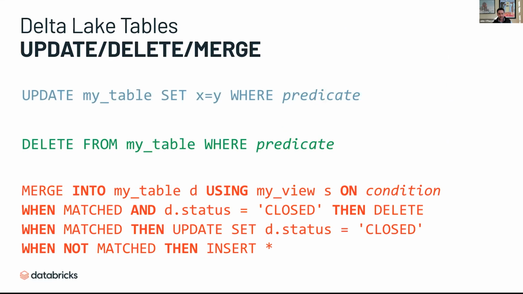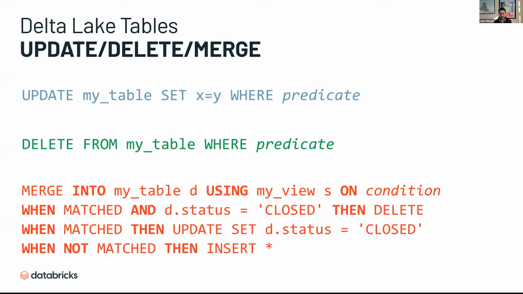One of the main reasons why Delta Lake is a great big data table for incremental ETL is literally the ability to update and delete rows in a table.